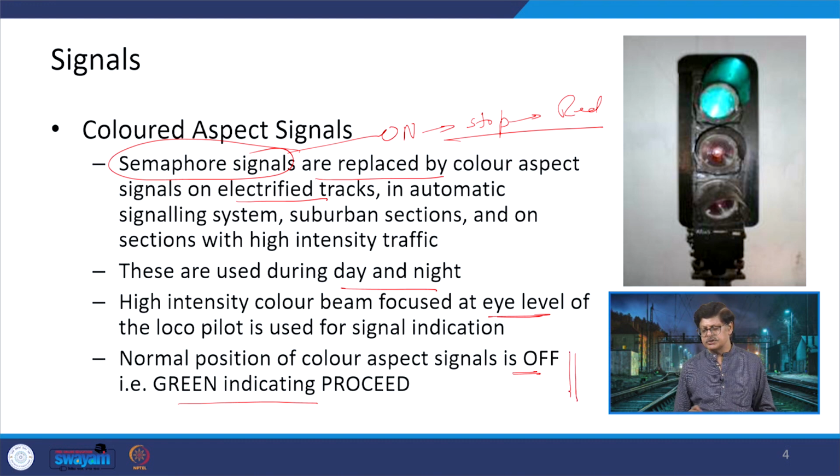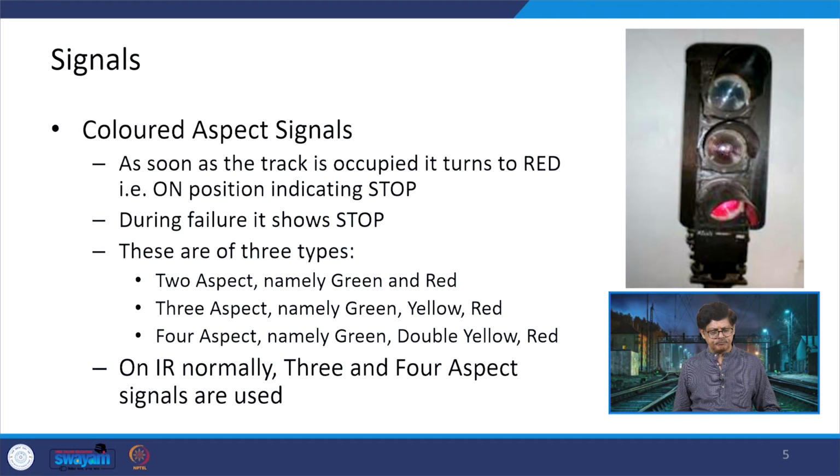That means you keep moving on the track unless there is a problem, and we will tell you at that point and you can control the speeds. As soon as the track is occupied it turns to red, that is the on position indicating stop, and during failures also it will show the stop condition, which is genuine, as it should be.